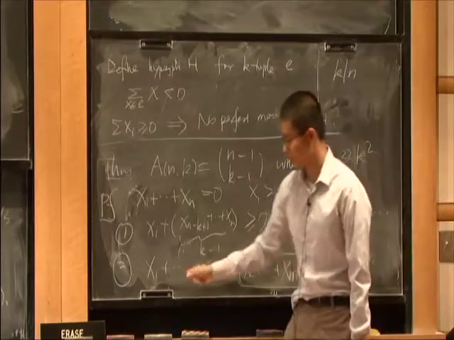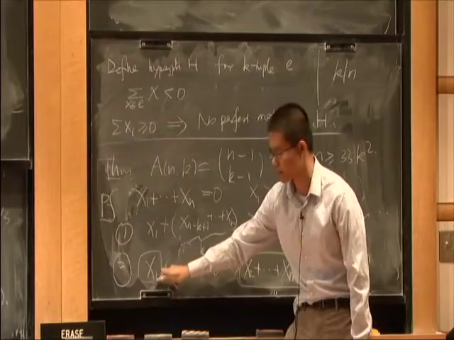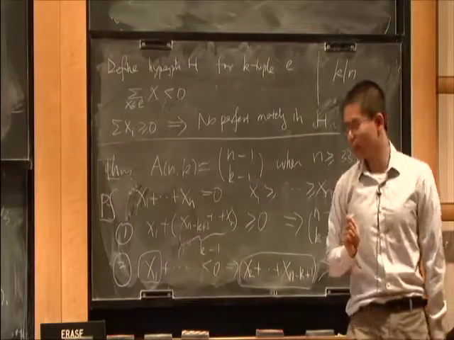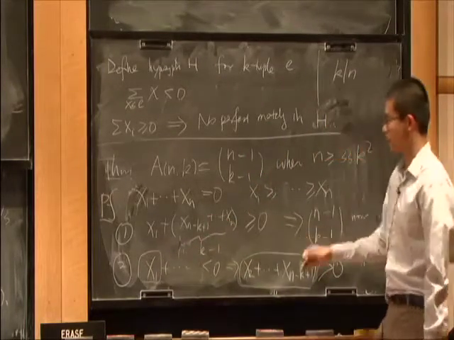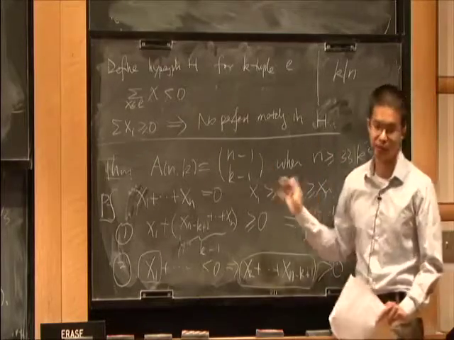And then I claim that there are also lots of non-negative k sums using the largest number. If the sum of these two things is greater than n minus 1 choose k minus 1, then we can prove the result.